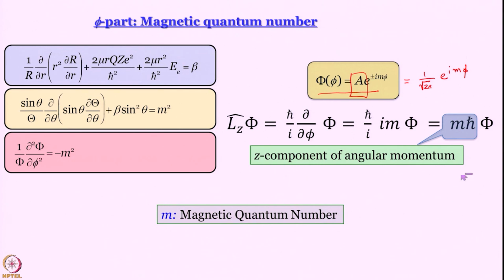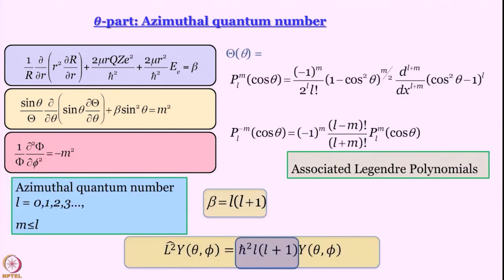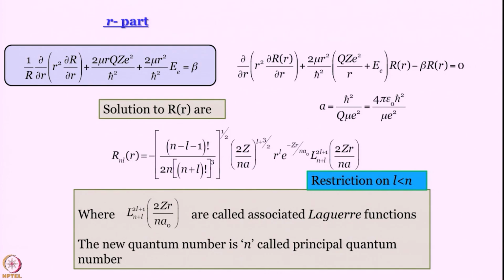So, this is the phi dependent part, and from theta dependent part we get an idea of the total angular momentum, and we have discussed why m has an upper limit of L. Now, this here all of a sudden, bang in your face, is the R dependent part. We are not about to solve this equation like the theta dependent part. The solution of this was already known when this Schrodinger equation was being formulated. So, just use the solution.